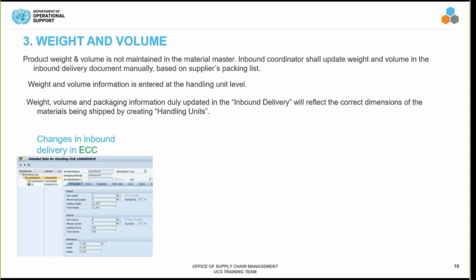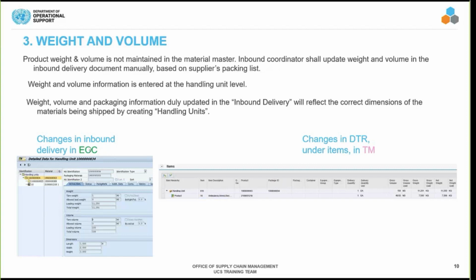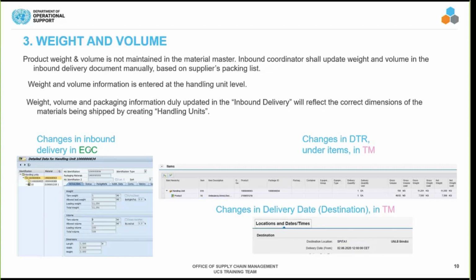As a summary, the changes that you make in the inbound delivery document in ECC, here we have weight, volume, length, etc., will be reflected in the subsequent documents in TM in Umoja. So they will inherit the documentation, both changes in the delivery date and, as I just mentioned, changes on the packaging and the dimensions.